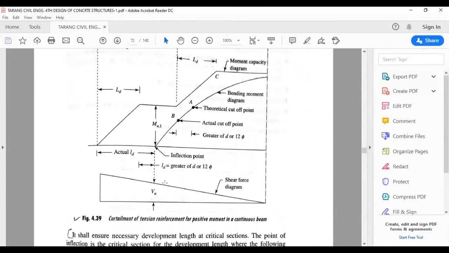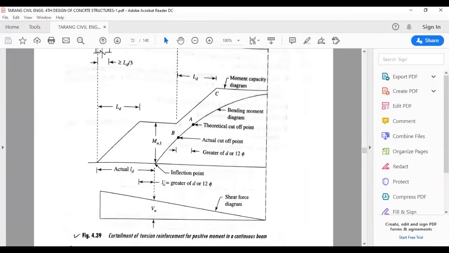So this is how it looks in continuous beams. So this value is M1 and this is actual LD. While this is the value of LD taken, this and this are equal. As we discussed, this is the theoretical cutoff point, this is the actual cutoff point, and this again shows the moment capacity.